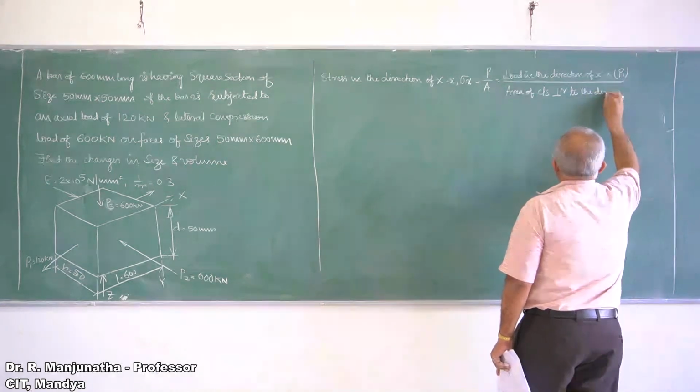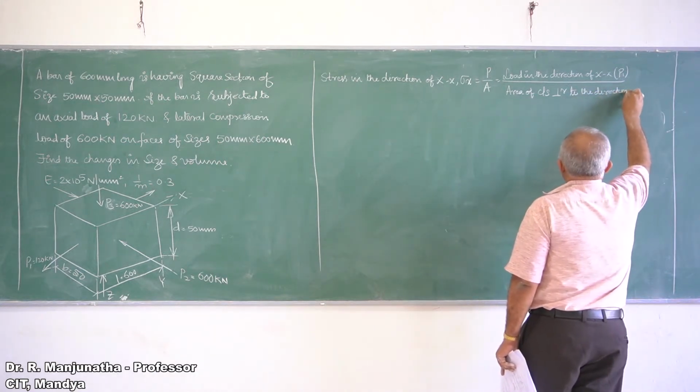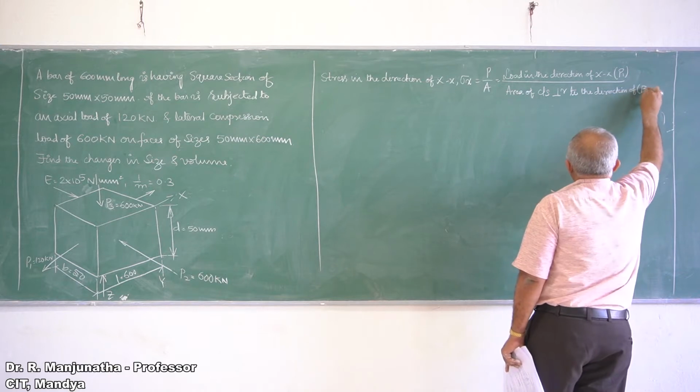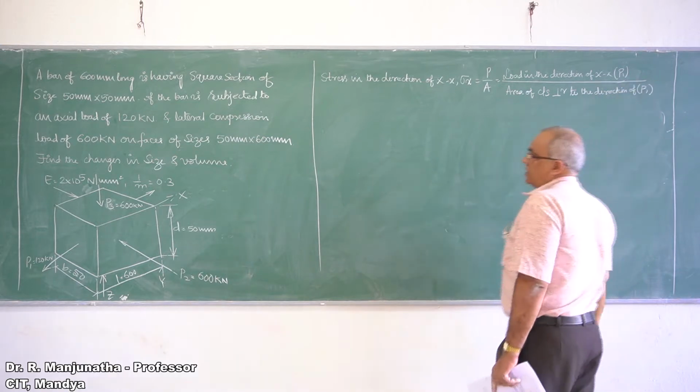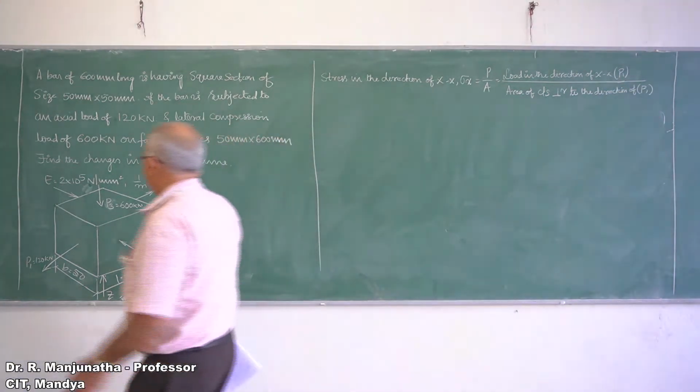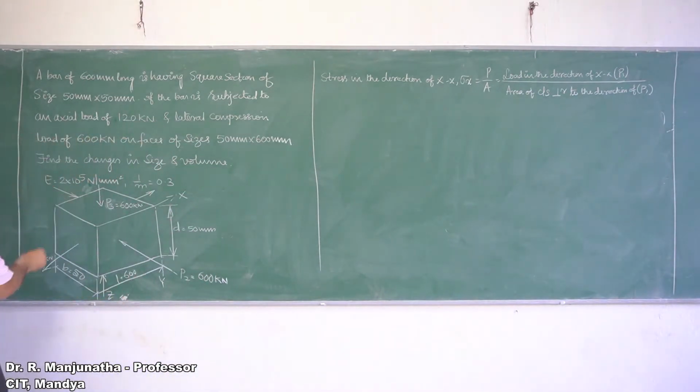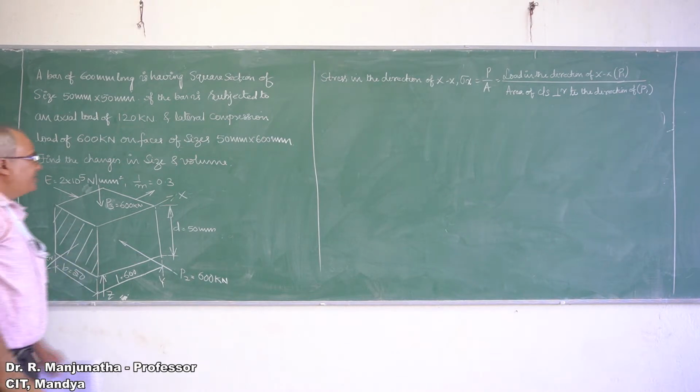So the value here is 120 kN acting perpendicular to this area, which is 50 by 50 mm.